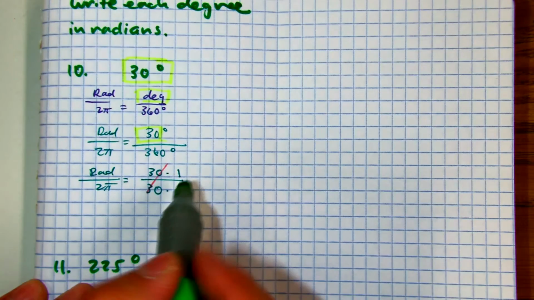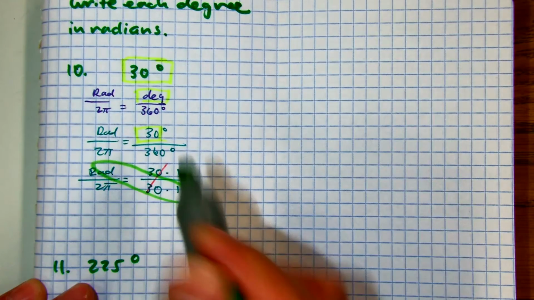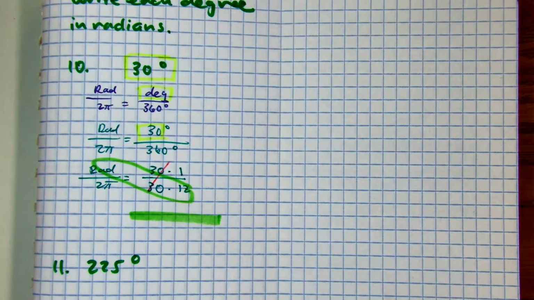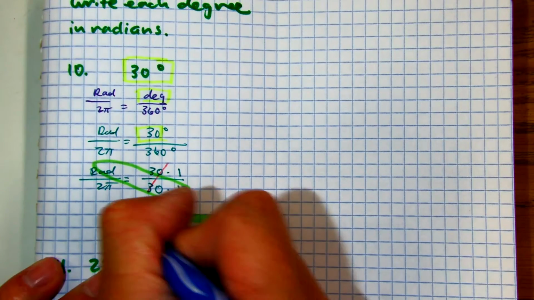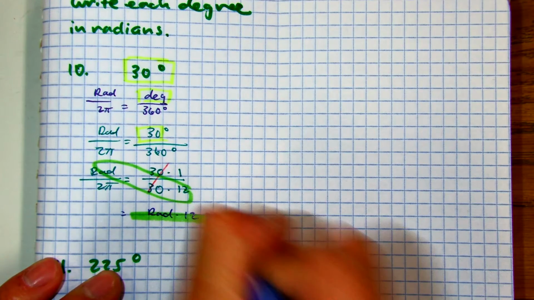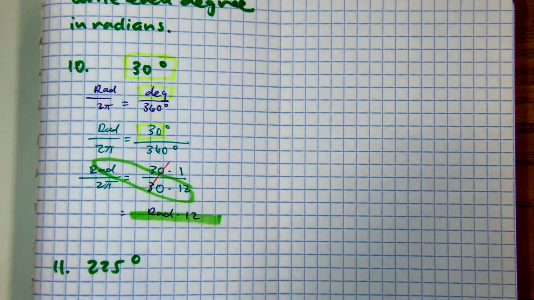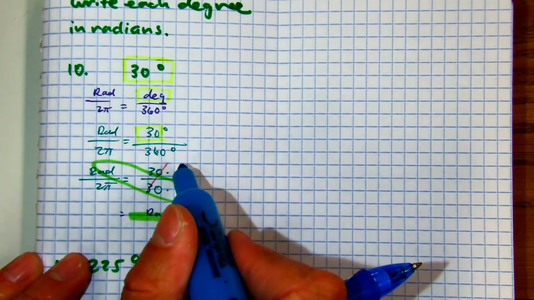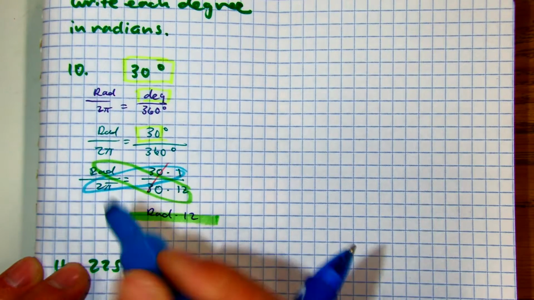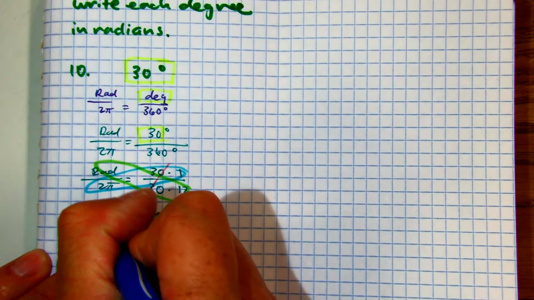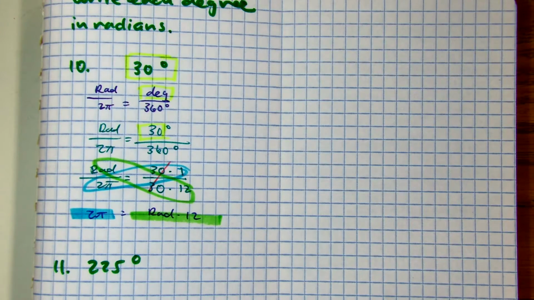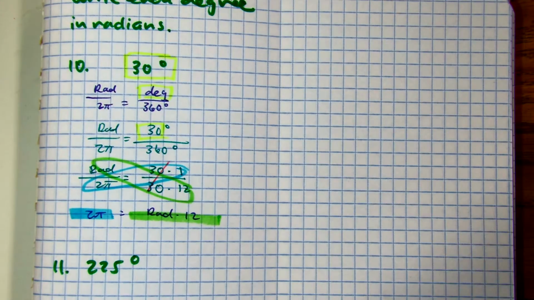So if I cross multiply here, I have radians times 12. And then I have 1 times 2 pi, which is just 2 pi. Class, how do I solve for radians?